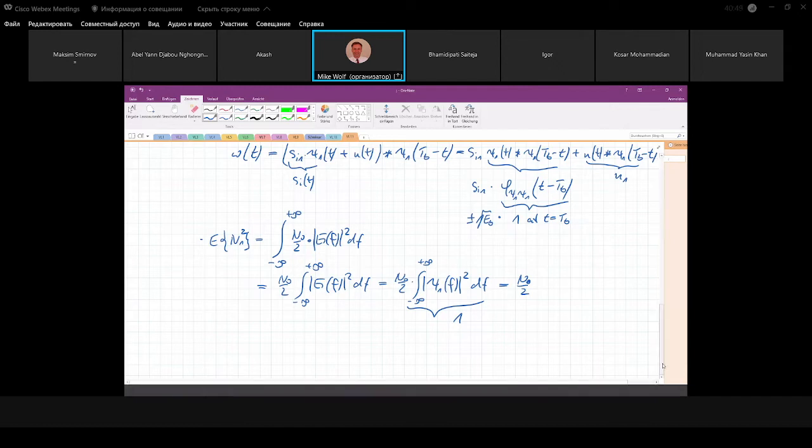Now we have the noise statistics. We know the signal values are either plus square root of E or minus square root of E in our model. In practice, it may be 1 volt or minus 1 volt. It's square root of 1 watt second or minus square root of 1 watt second. Strange, but it fits our model.